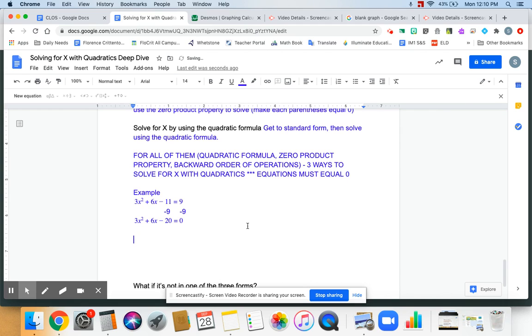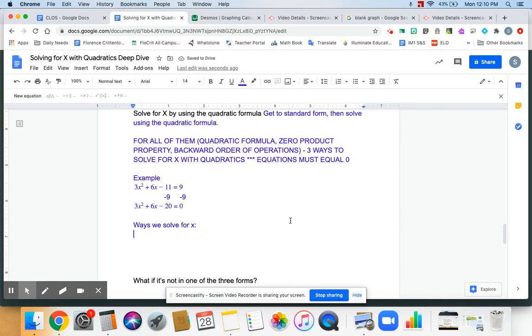So quickly to define things, ways we solve for x are as follows. We can solve for x using the quadratic formula. We could solve for x using the zero product property. Or I could solve for x using backwards order of operations.